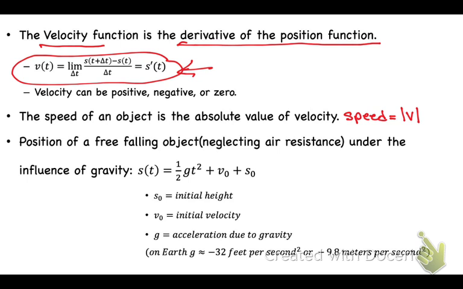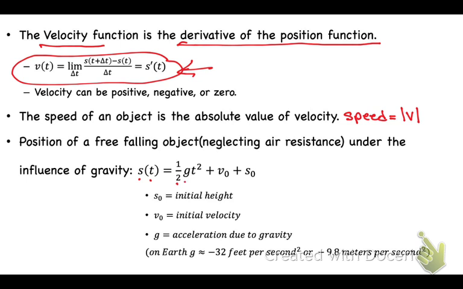Position of a free falling object, neglecting air resistance, under the influence of gravity. Neglecting, not negating, but same word, same meaning. Okay, I'm going to read this formula to you. You have the position at time t.